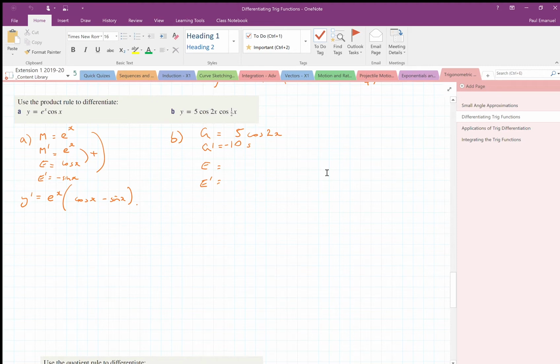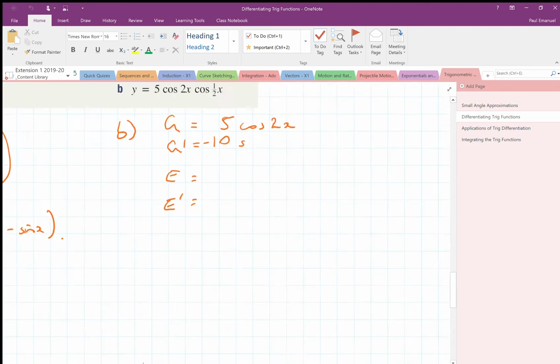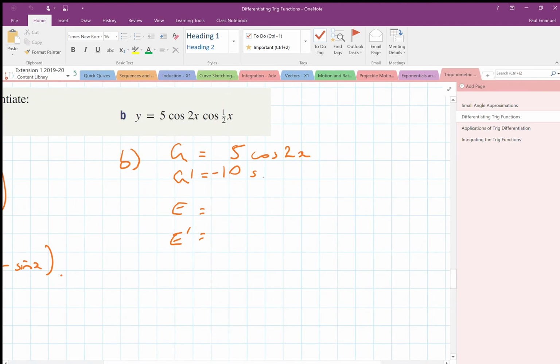So, I was up to differentiating this one using the product rule. So, this was sine, and then we've got cos half x. Derivative is minus a half sine a half x.